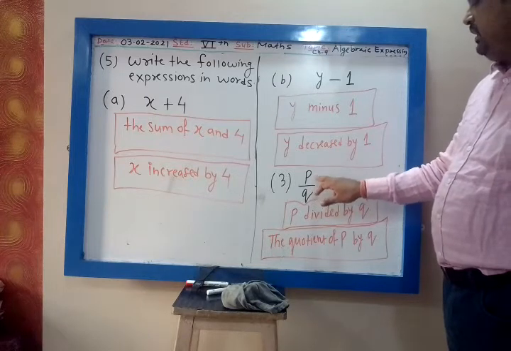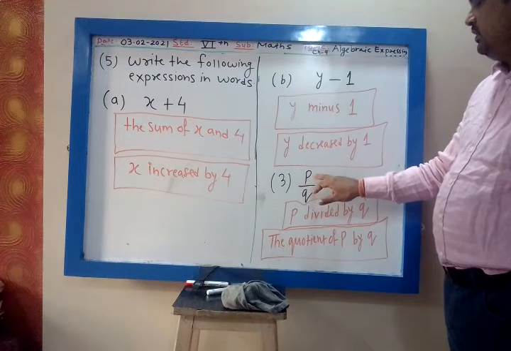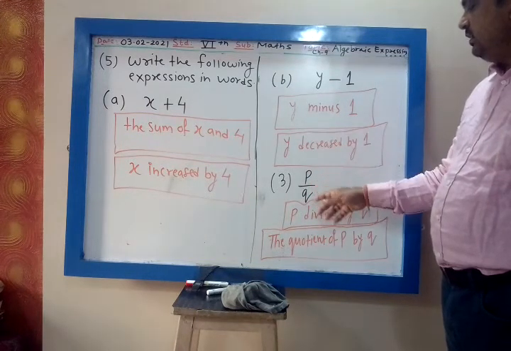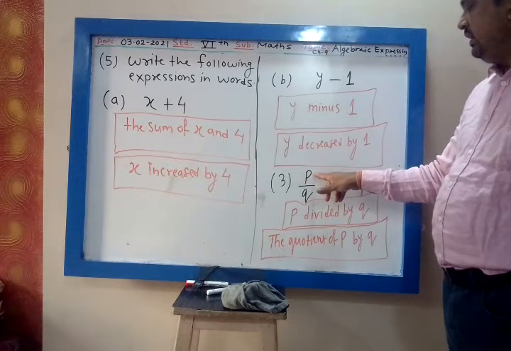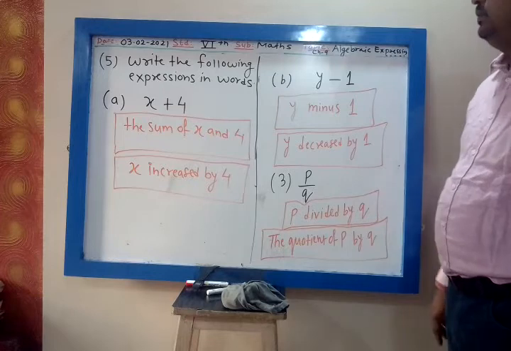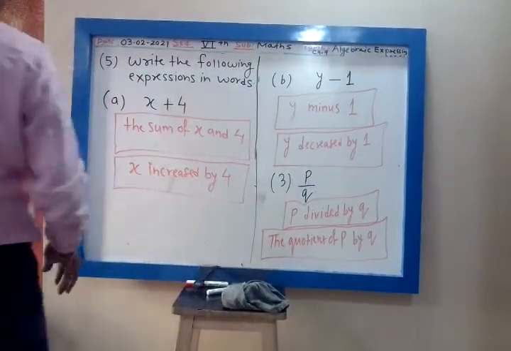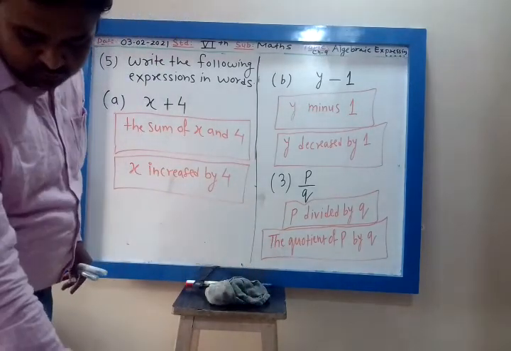Then p upon q, we write p upon q means division. So p divided by q, or we can say division is same as quotient. The quotient of p by q. Is it clear? Okay.